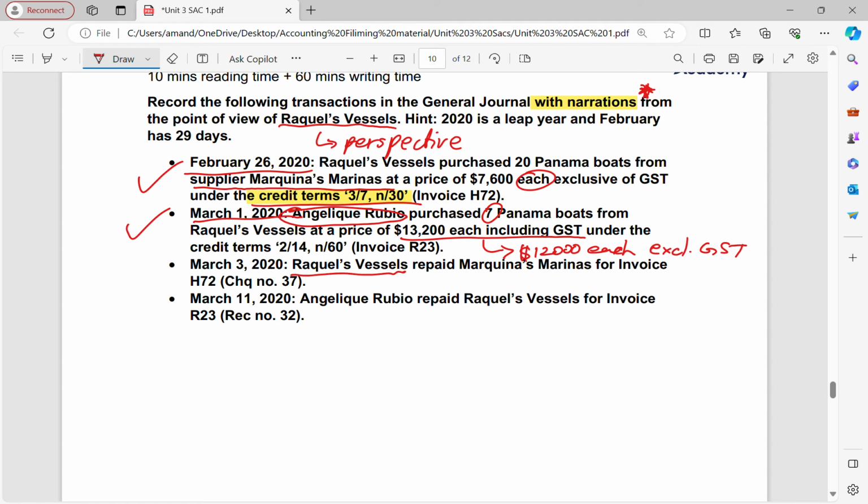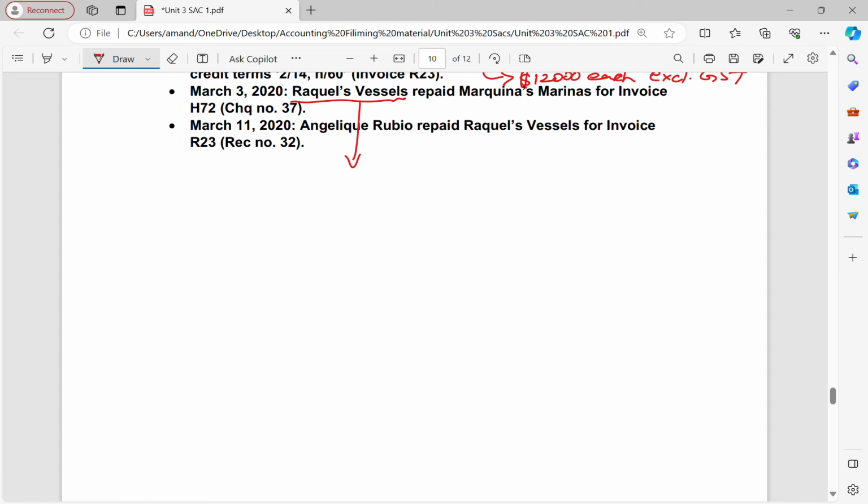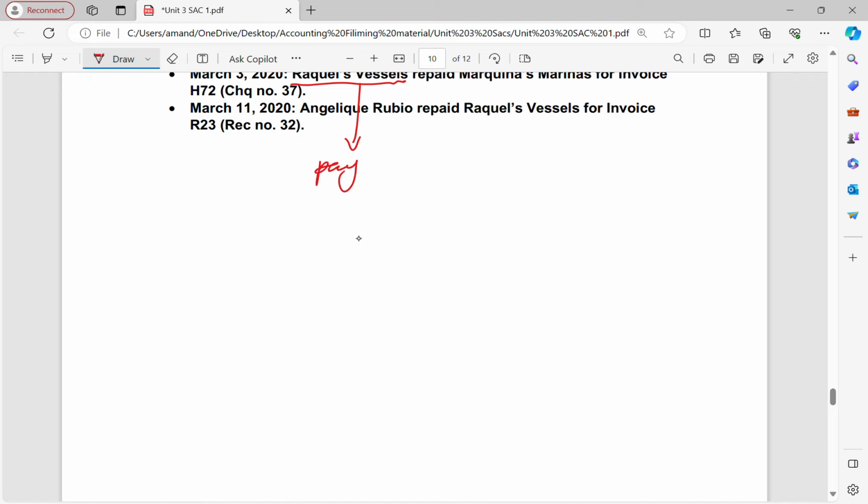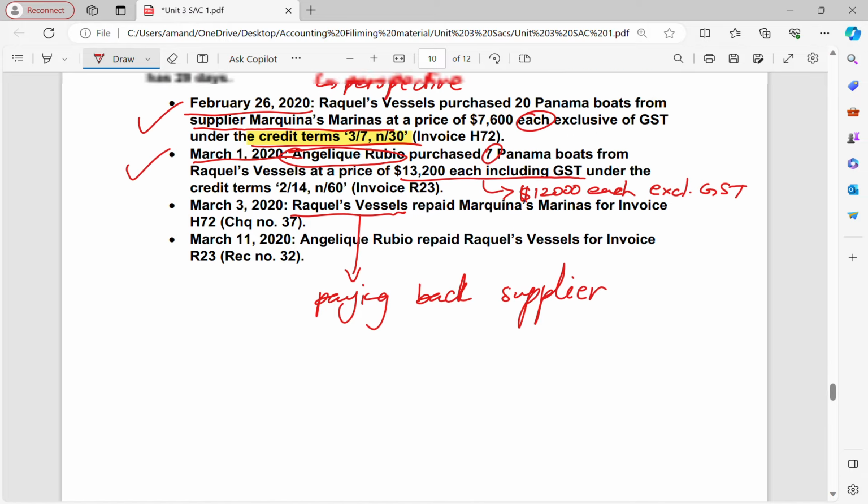March 3rd, 2020, Raquel's Vessels repaid Marquina's Marinas for invoice 872, check number 37. Alright, okay, so this is from Raquel's Vessels' perspective. So they're paying back their supplier.